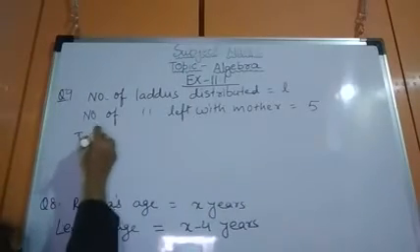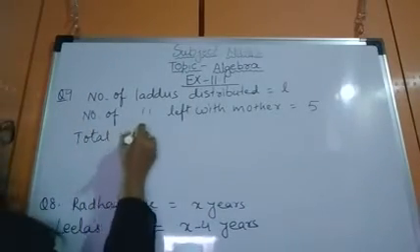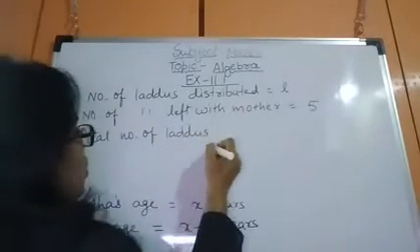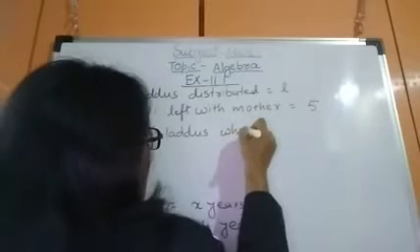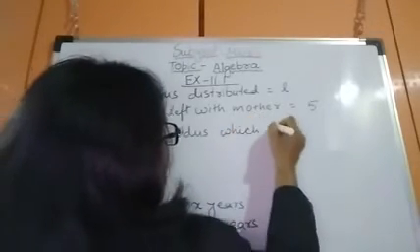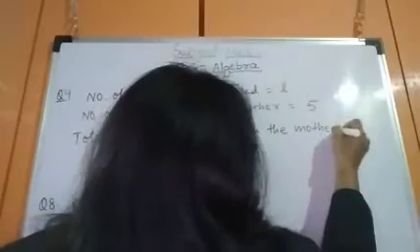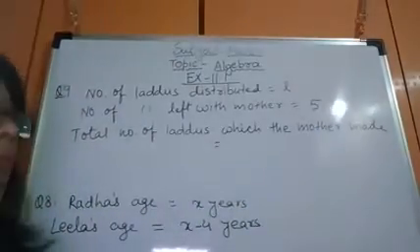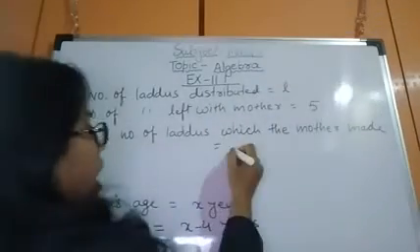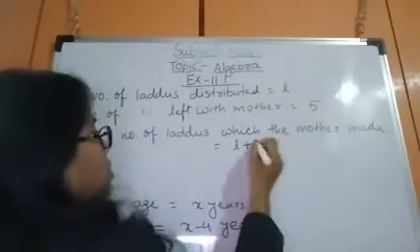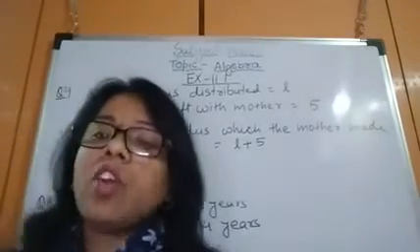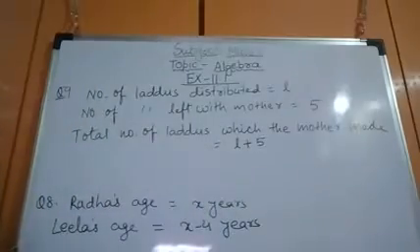So the total number of laddus which the mother made is equal to the number of laddus distributed, L, plus the number of laddus left. So L plus 5. These are all algebraic expressions.